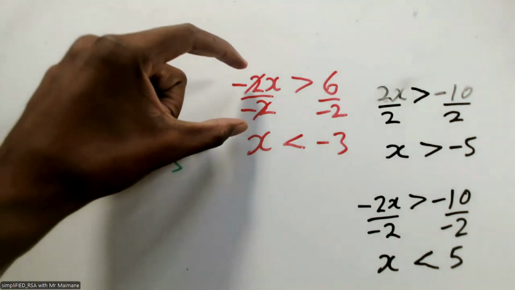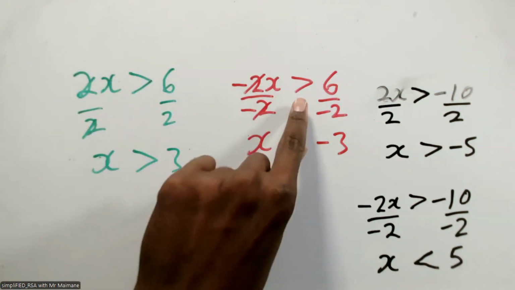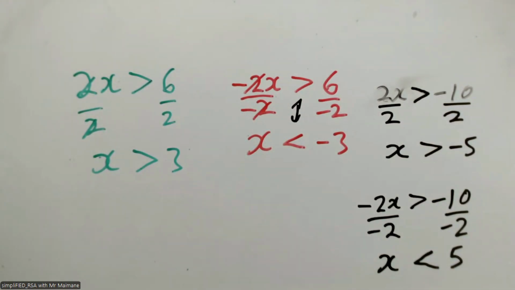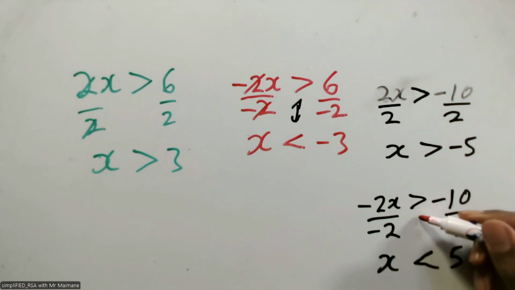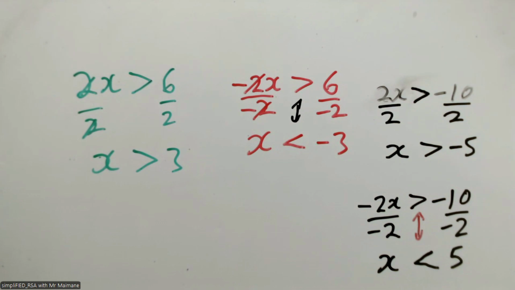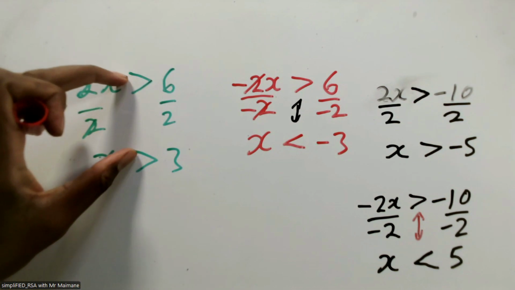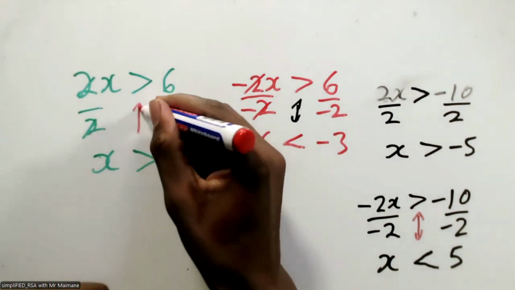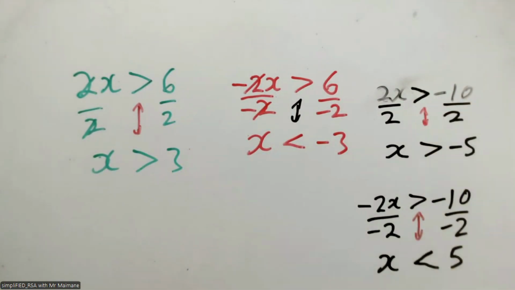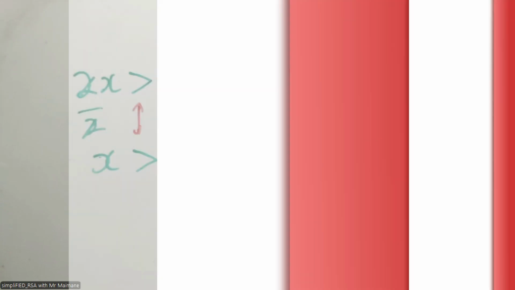So if you see here, I divided by a negative number, it resulted in the sign changing and facing the other direction. Also here, I've divided by a negative number, and the sign changed direction. Here, I divided by a positive number, there was no change. Here, I divided by a positive number, there was no change. That is very much important to know.